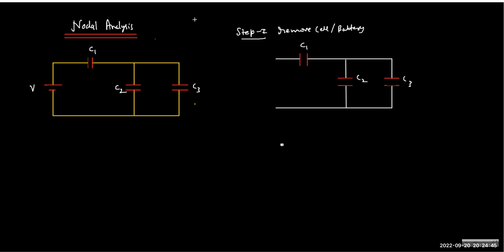Okay, this is our circuit, right? So we have removed the battery. What is the potential, the voltage, of the battery? It's V. Because KCL is only applicable if we know the potential.